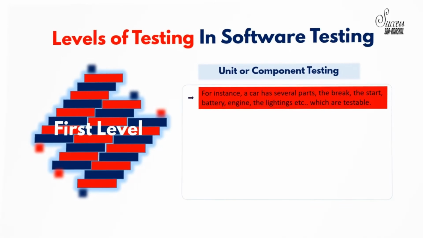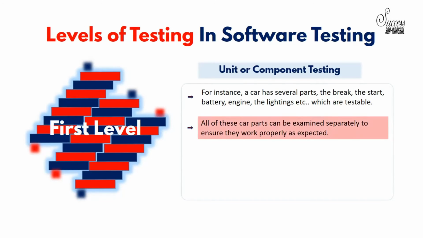Okay, so now all of these car parts can be examined separately to ensure they work properly as expected. So you can liken unit or component testing to testing these modules that are separately testable. You can liken it to testing the classes of the code that have been written, or programs.